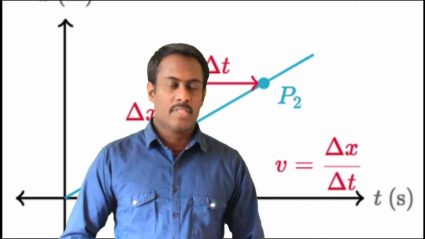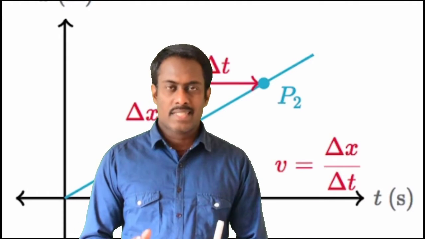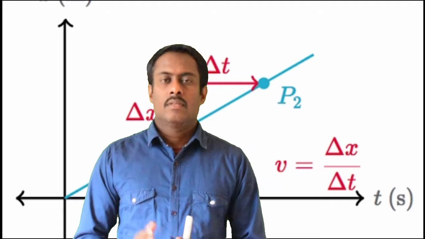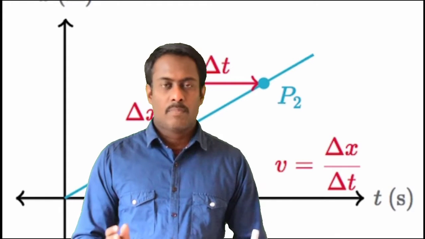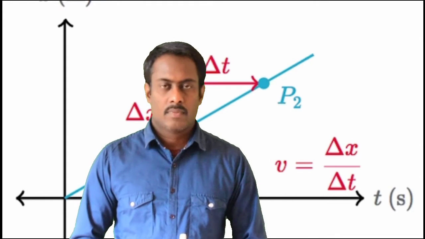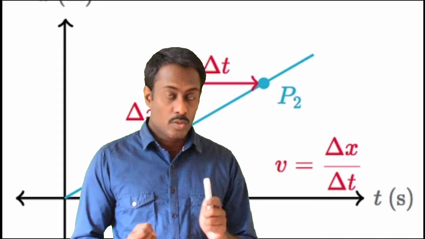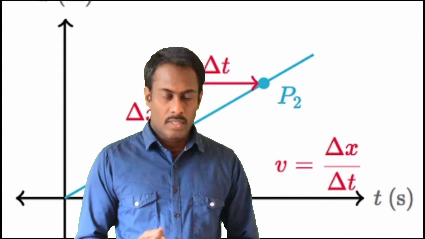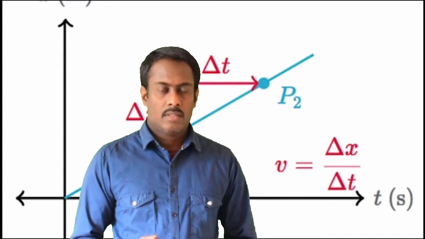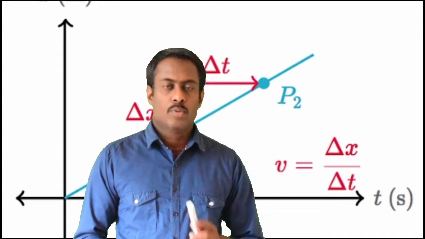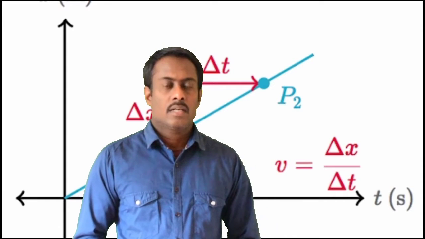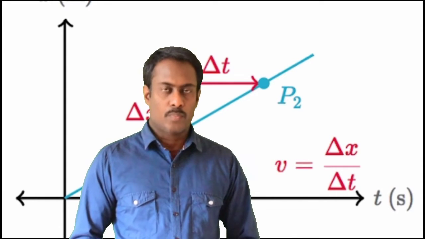Displacement, we have discussed in the previous session, is the shortest distance between the initial point and the final point. The position of an object at time t1 is x1 and the position of the object at time t2 is x2.